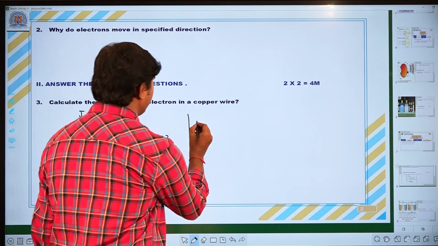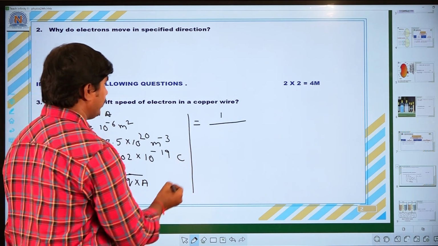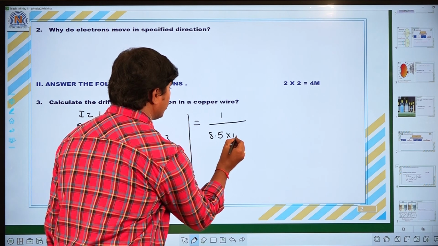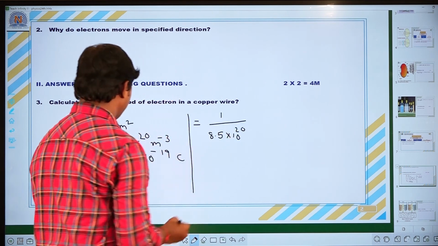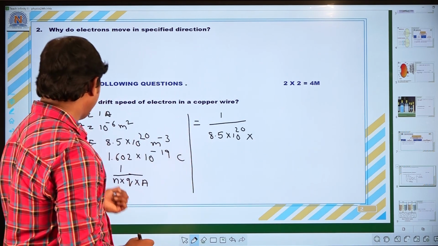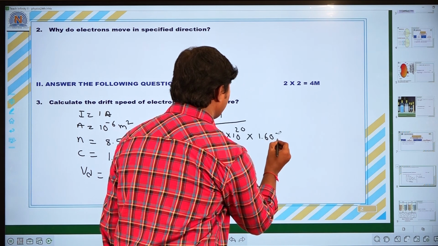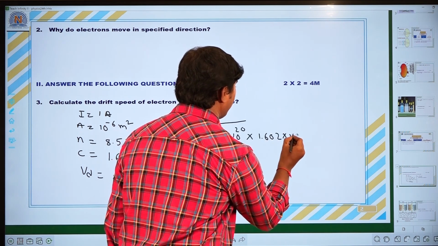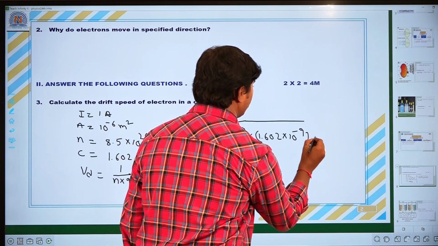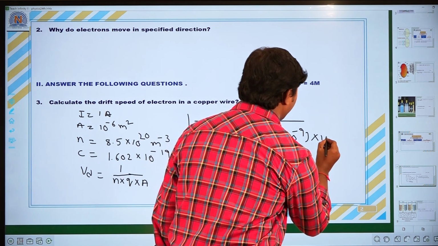So, here first 1 divided by the n value, 8.5 into 10 power of 20, into the charge value, 1.602 into 10 power of minus 19, into the area, 10 power of minus 6.